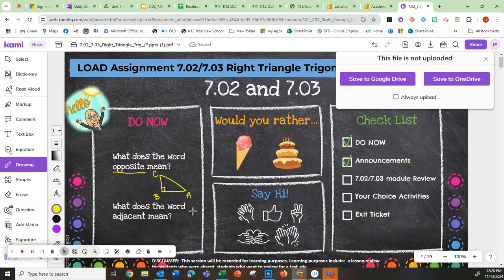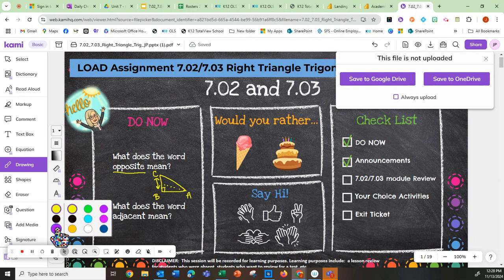If I was talking about the side opposite of angle A, we would have to walk across the triangle, so the side opposite from angle A would be side BC. So this side right here. We're going to talk about, in reference to a right triangle, what does opposite mean and what does adjacent mean. So let's jump down here.